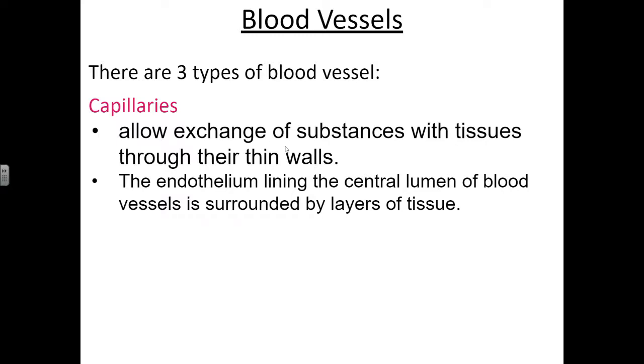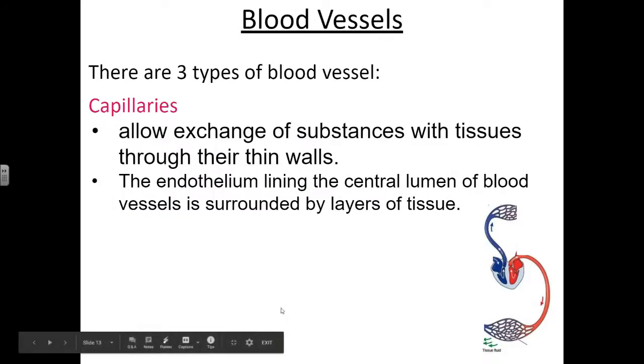If you imagine just a ring of single cells making a circle, that is your capillary. They have an inside and an outside, but it's only separated by a single lining of cells, what's called the endothelium. On the inside, we've got the blood, and on the outside, we've got the tissue fluids.